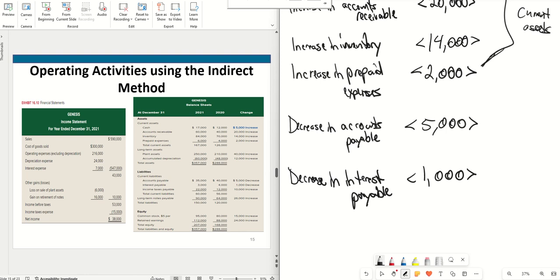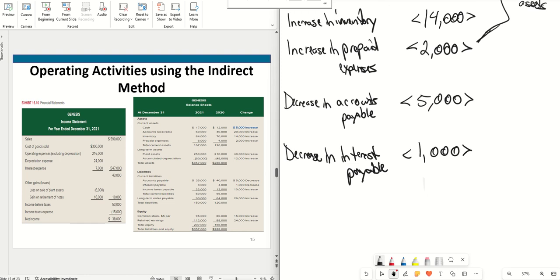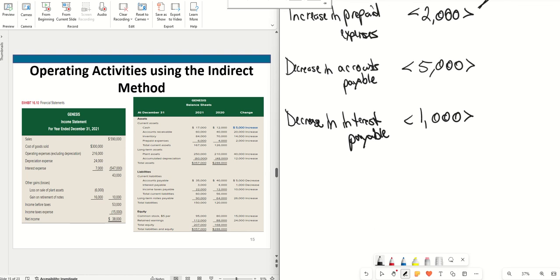Okay, lastly, of our current liabilities, we have income taxes payable. So income taxes payable shows an increase in that account, an increase from 2020 to 2021.